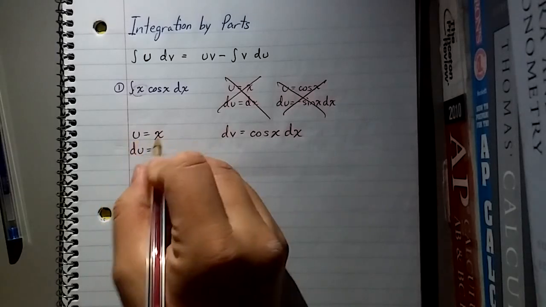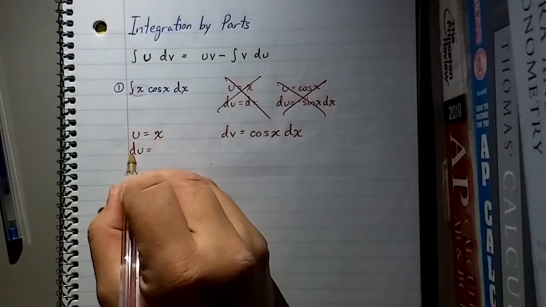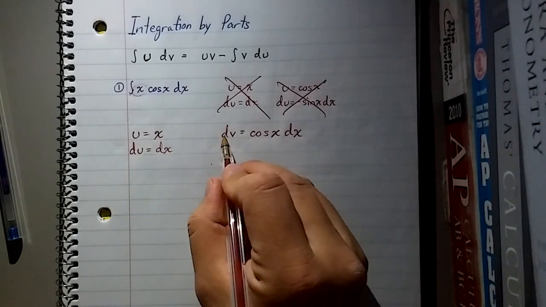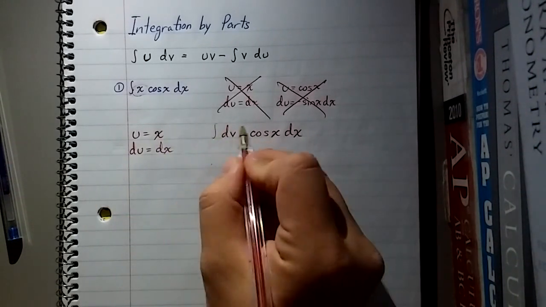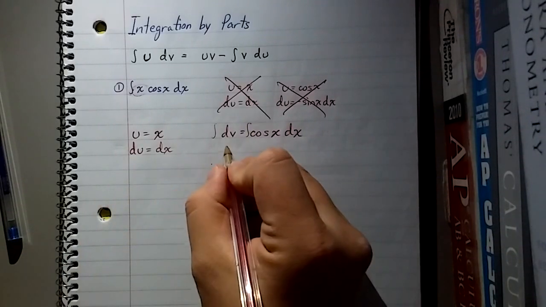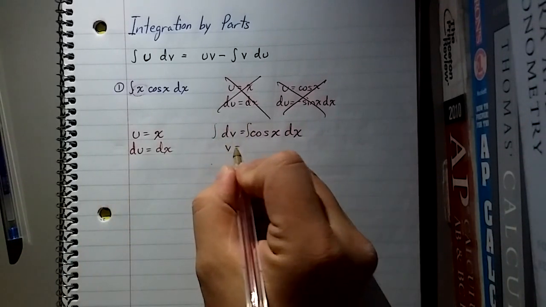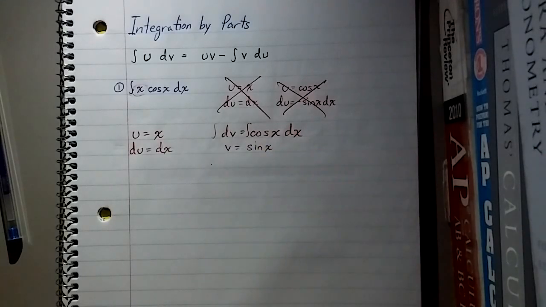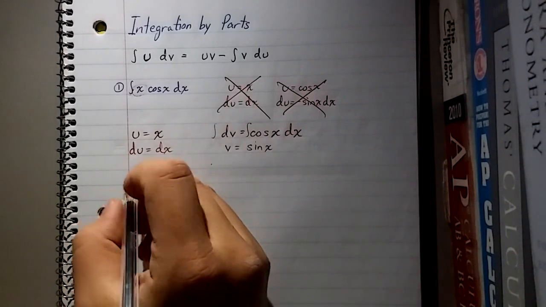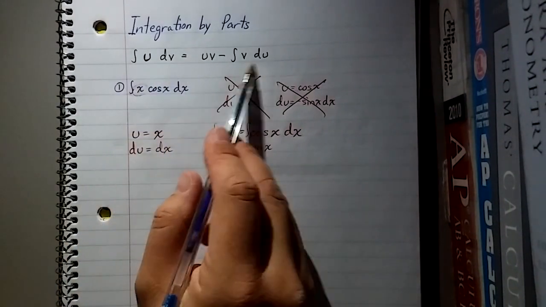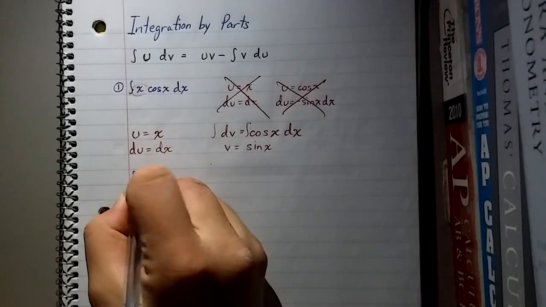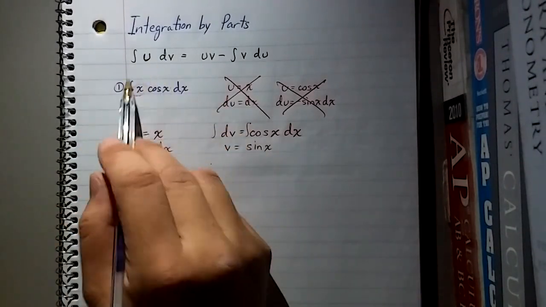So u is x, therefore du is dx. Now integrate both sides. So the integral of dv is v, the integral of cosine x is sine x. Okay. Great. Now what? Well, we plug it in up here. So the integral of your u dv is this thing.